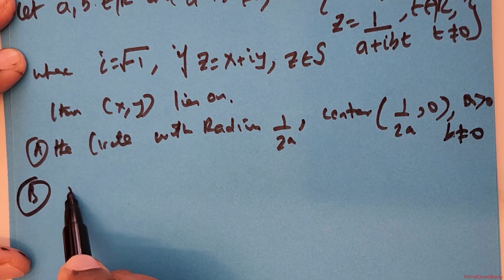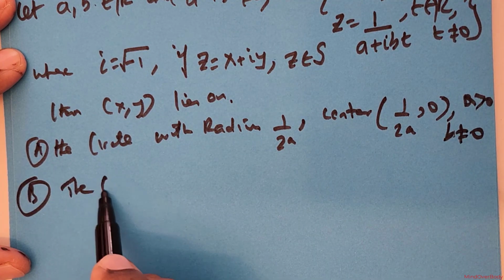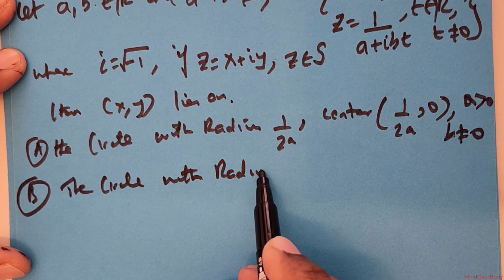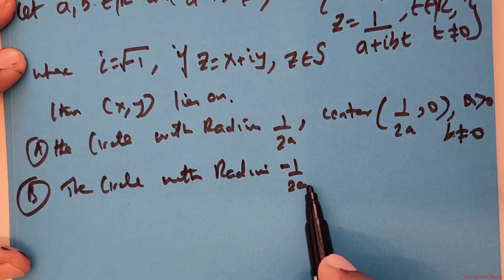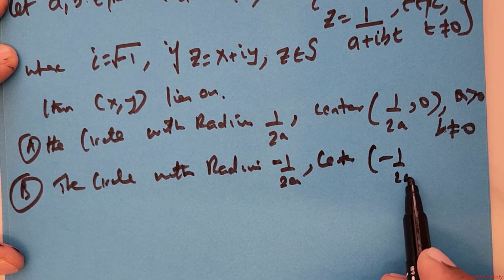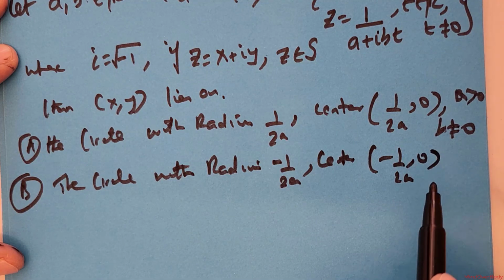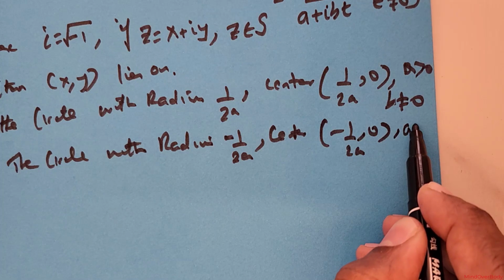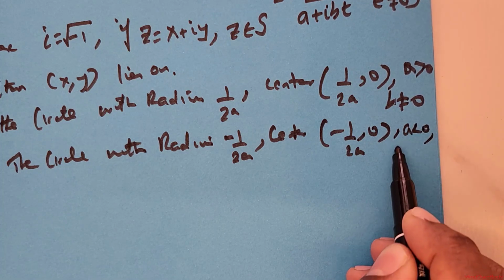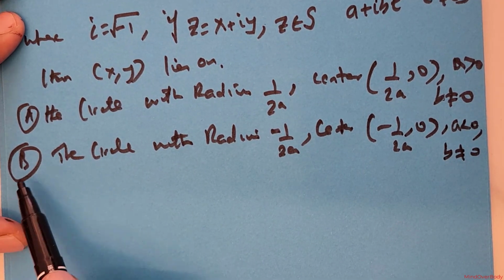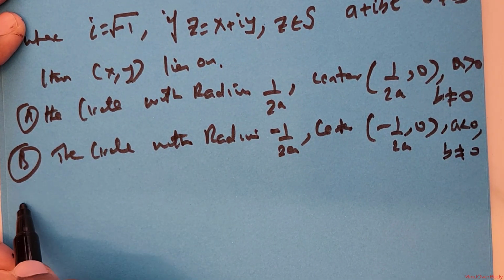Now point B, same thing, the circle with the radius -1 over 2a, center is -1 over 2a comma 0, and for a less than 0 and b not equal to 0. Outrightly I can state that I can just ignore this choice B, right?